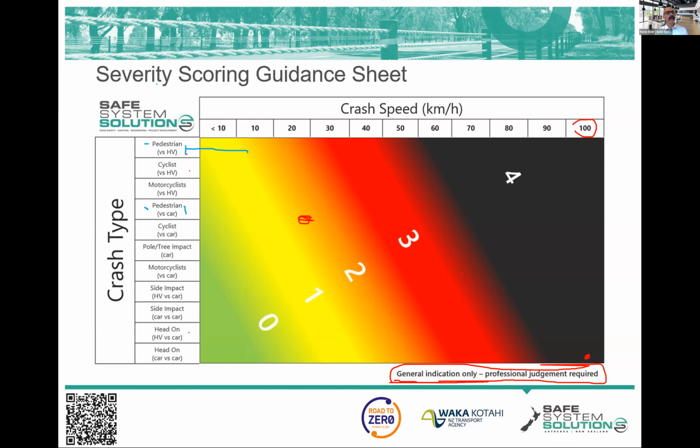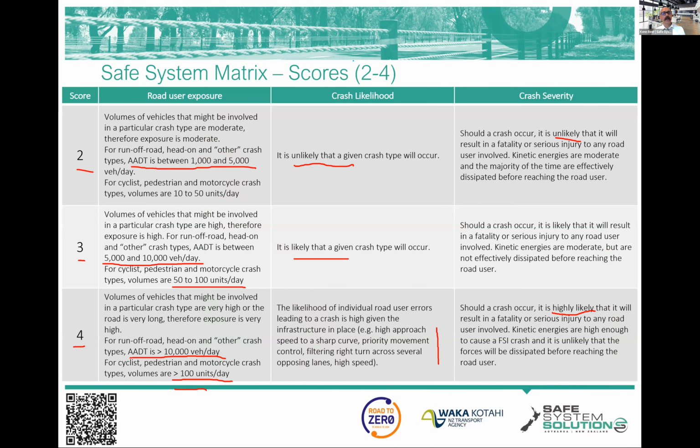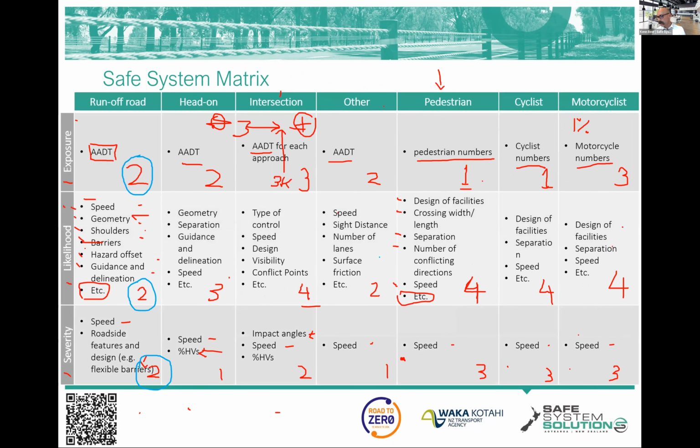And it's the same reason that heavy vehicles can influence the likelihood of cyclist crashes and pedestrian crashes, because they sweep. It's harder to see these vulnerable road users around them. So that kind of thinking is good to do, and it adds a bit to the precision that you're able to get as you fill out your scoring matrix.